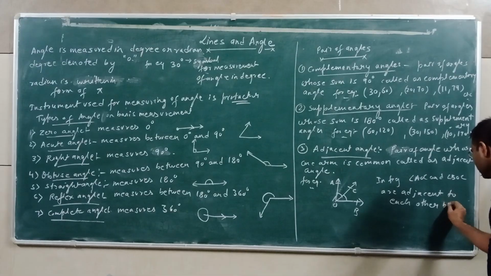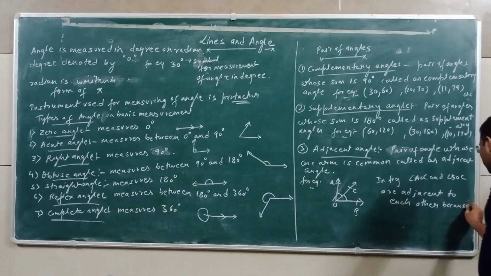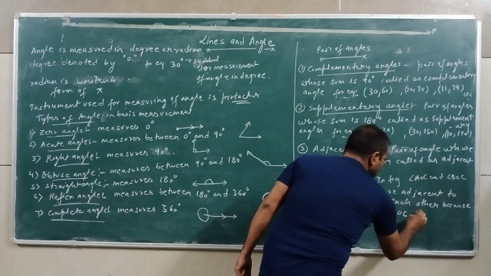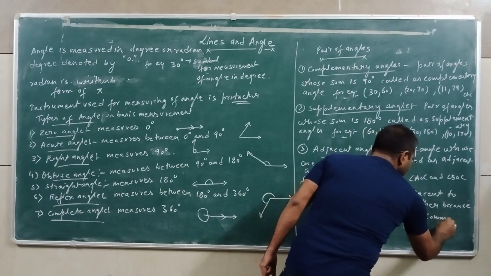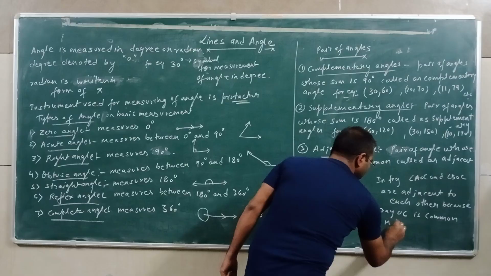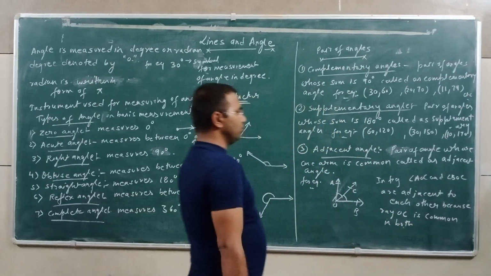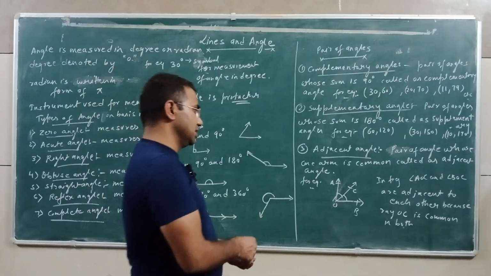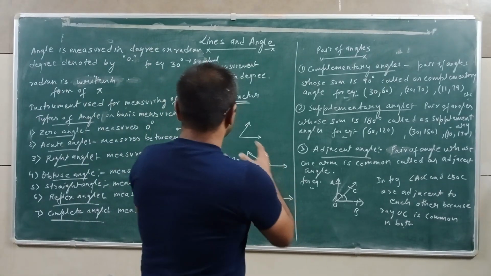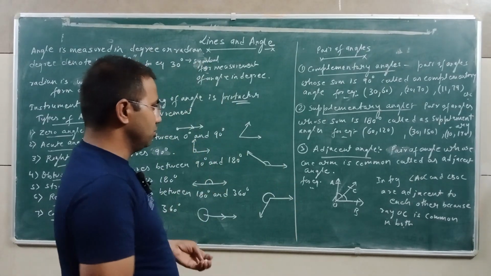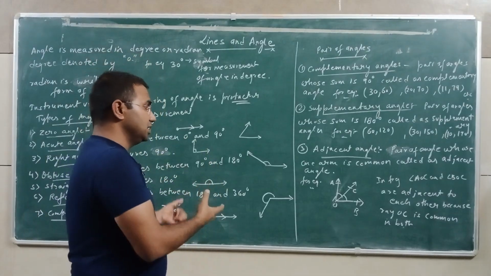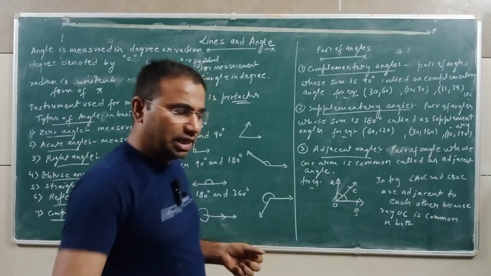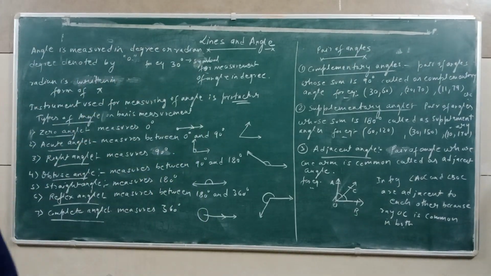Because ray OC is common in both. See here how you will define the adjacent angle. Okay, now I am going to make one more figure here. Now we will discuss how many adjacent pairs will be in the figure and how we will write. Okay, so I am going to erase this one. I hope you have noted down.